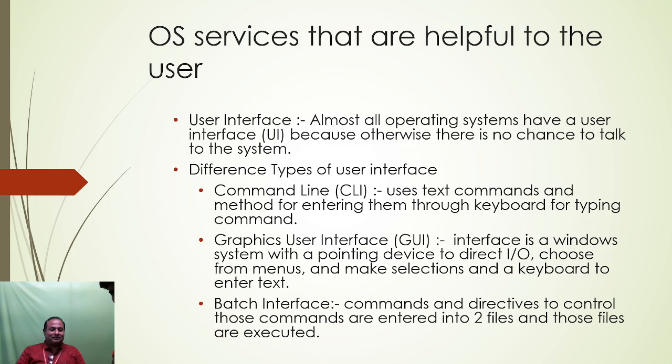So here there are different types of user interfaces. One is the command line. Using this interface, the user gives commands to access any application, and with the help of the commands he can run the program and get the output from the program. And next one is the graphical user interface. Here it gives a pictorial representation of the application.